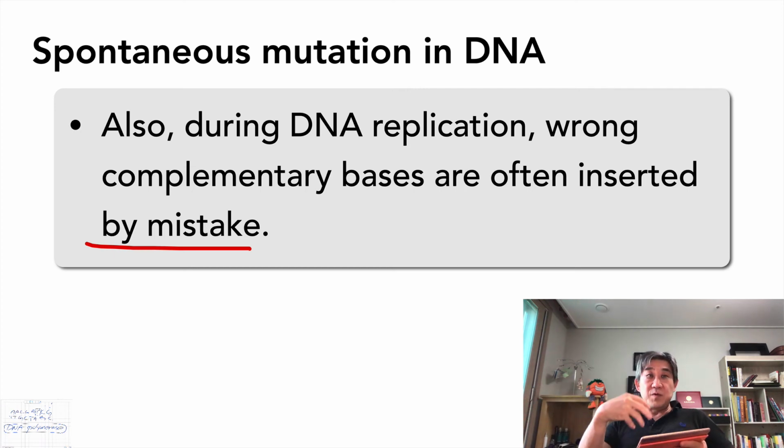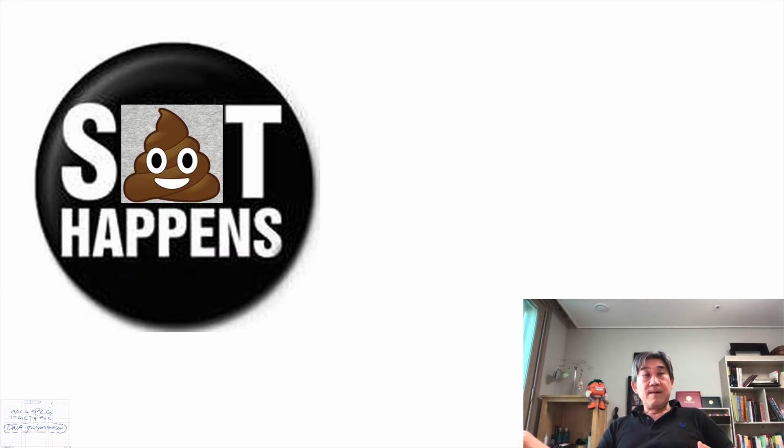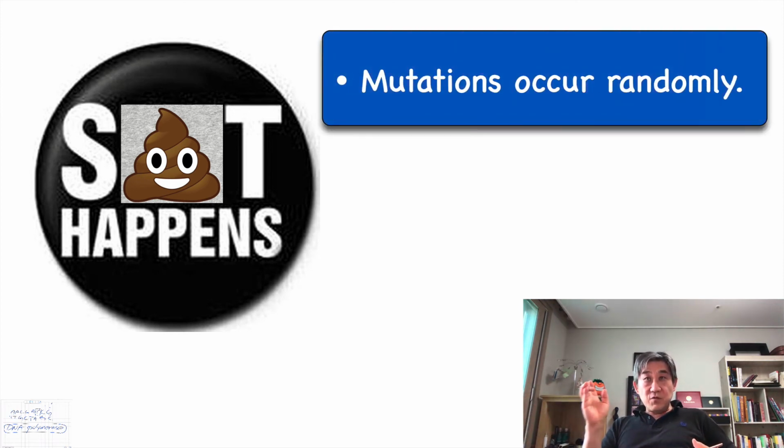But for those types of mistakes, cells came up with many different mechanisms of self-correction, like proofreading functions. But still, those measures are not perfect. So mutations will occur randomly, no matter what.